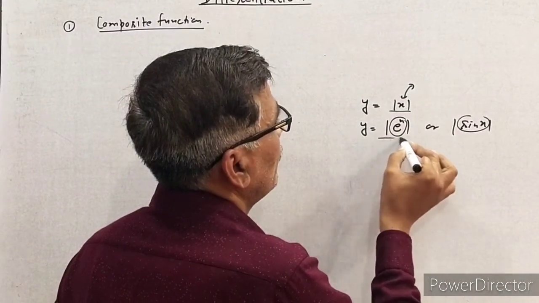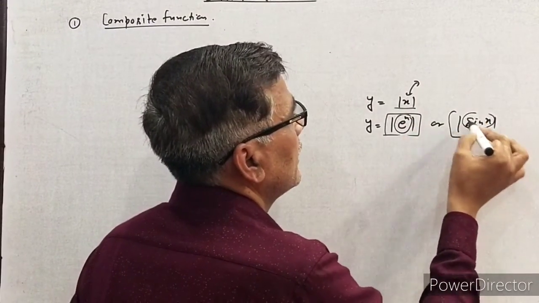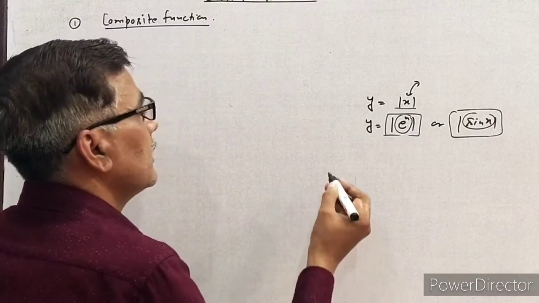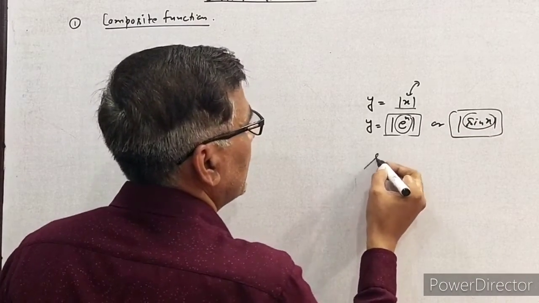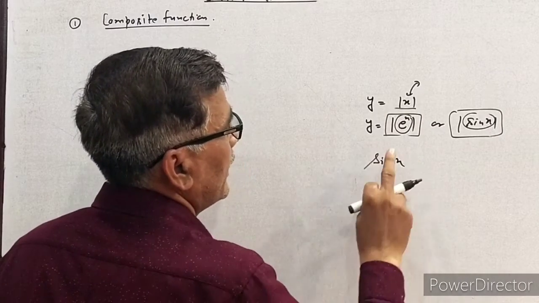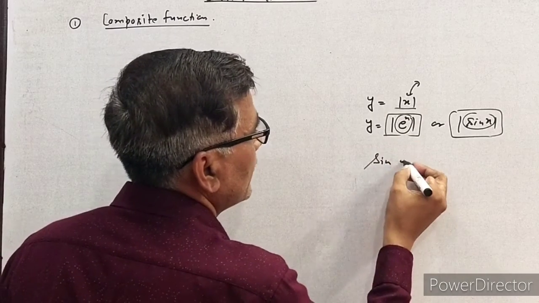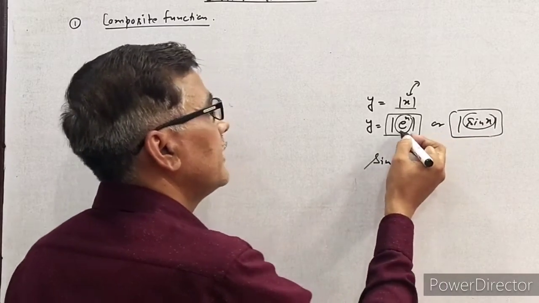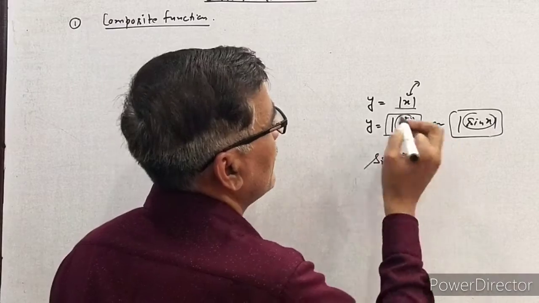In this manner, we have a new function, and these new functions are called composite functions. Suppose you are having a function sin x, and if x is replaced by e raised to x, this is a composite function. Here we are having single composition, meaning composition one time.